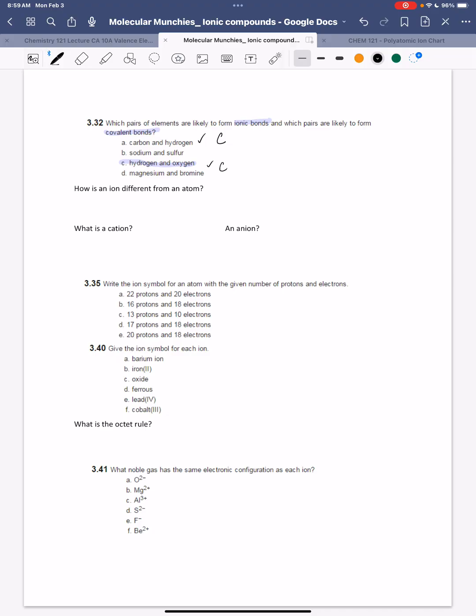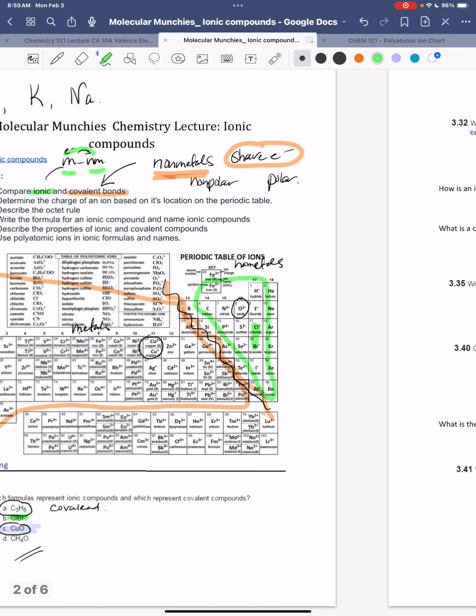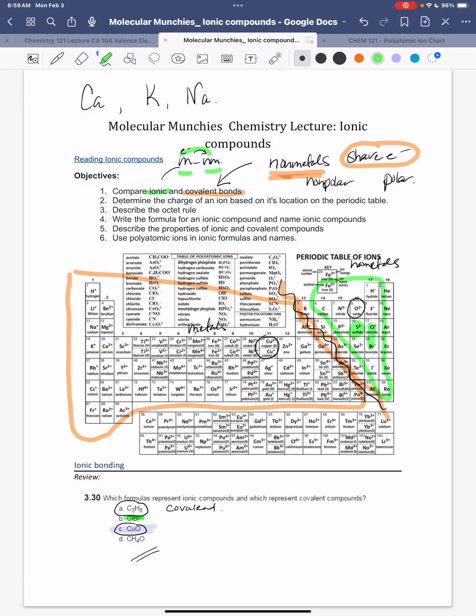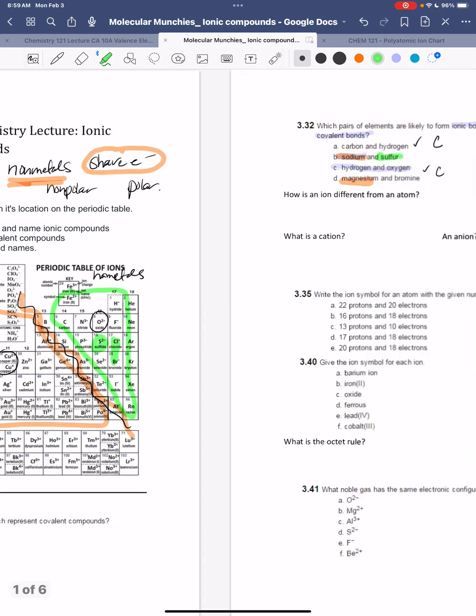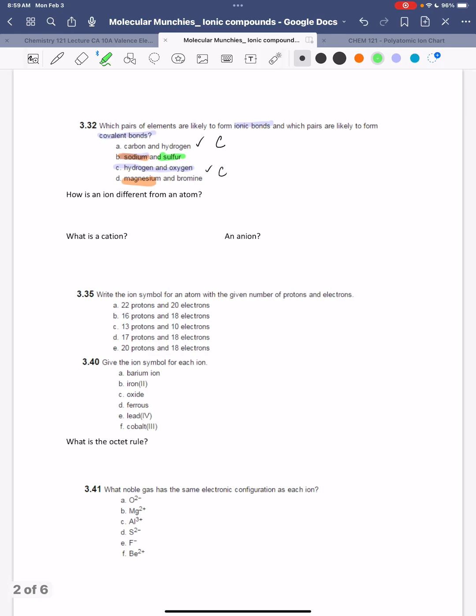Magnesium and bromine, again, just noting where they are on the periodic table. Sodium is a metal and magnesium is a metal. And then sulfur is over there on the non-metal side. And if you're not familiar with that, here's sulfur right here. And then when we look at the other particle, bromine, right there, we see it's also a non-metal.